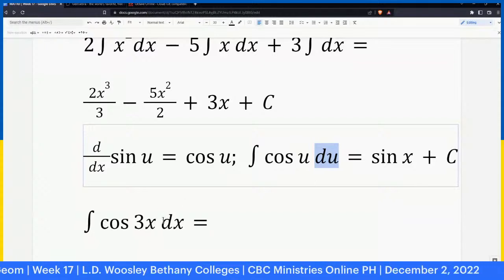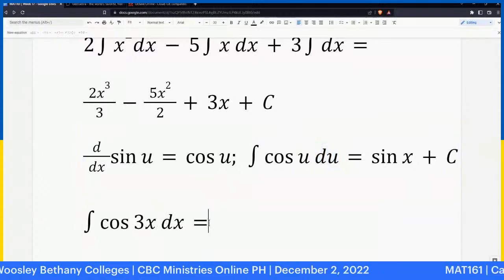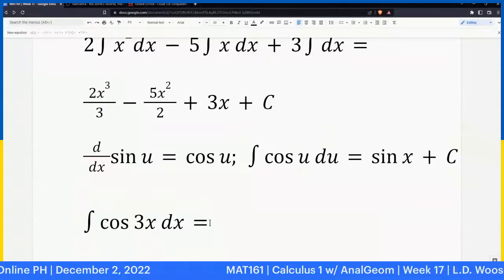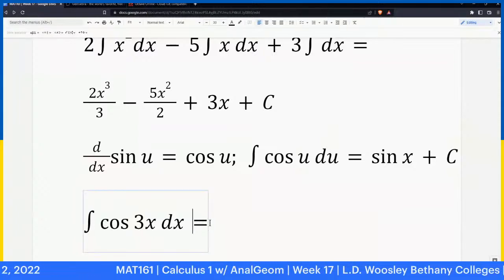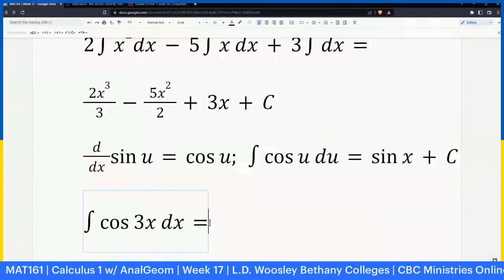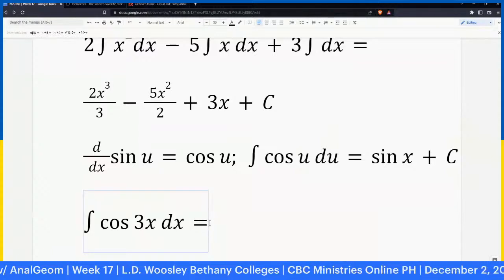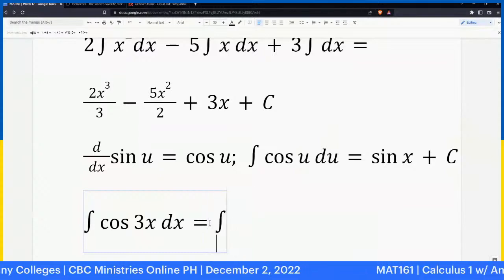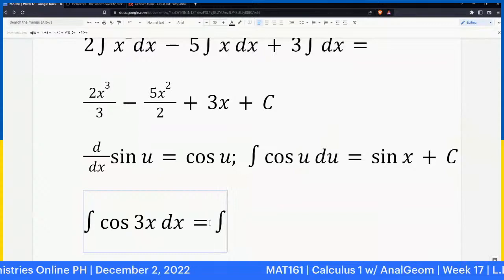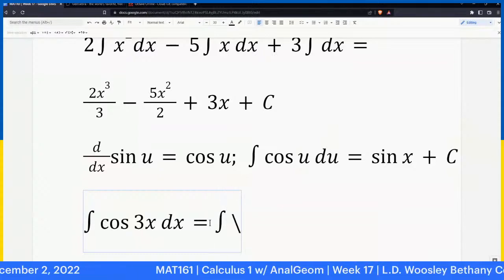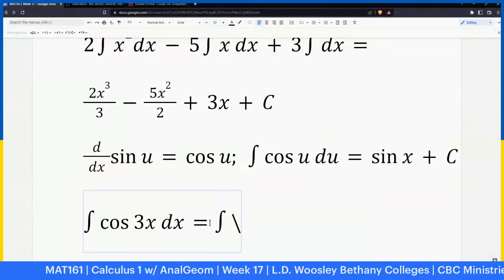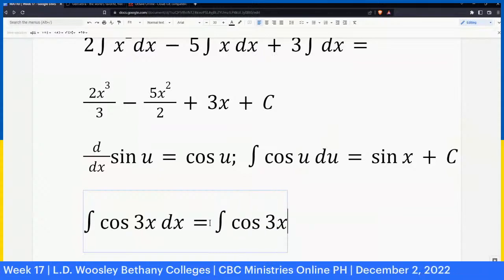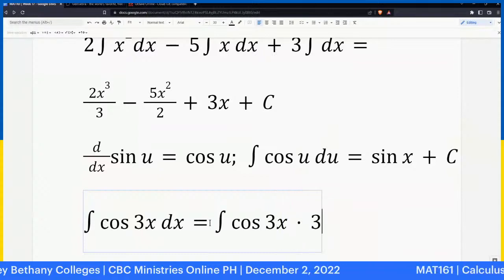So, ano ilalagay yung 3 dito. Kaya lang, we need to neutralize the factor. Magkakaroon ka ng neutralizing factor na tinatawag. Para maipasok mo yung 3 doon sa loob, ay magkakaroon ka ng counterpart na factor sa labas to neutralize. Since u is equal to 3x and du is 3dx, ipapasok natin si 3 dx.